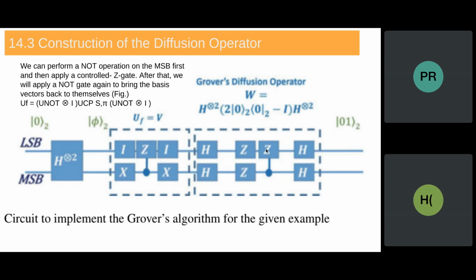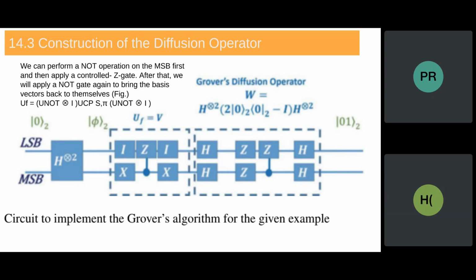Same way we do a control phase shift, but after doing the phase shift on both of these, we take a Hadamard and get the 0, 1 basis, and then apply again the phase shift or the Z operation. So on both of them we do a Z operation, again a control phase shift of pi. Basically we are able to get the rotation through this. We'll look into the detail in the following slides.